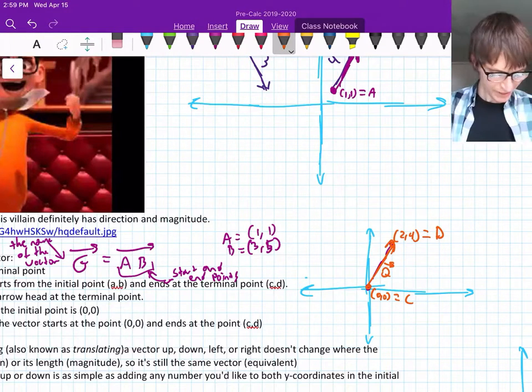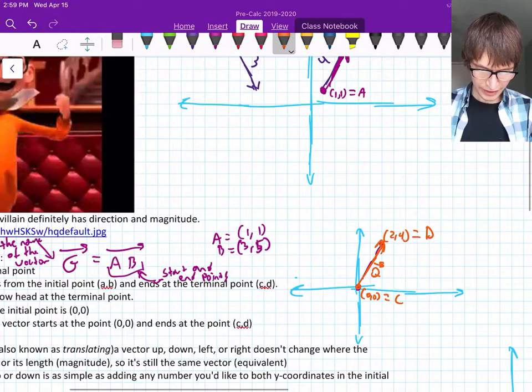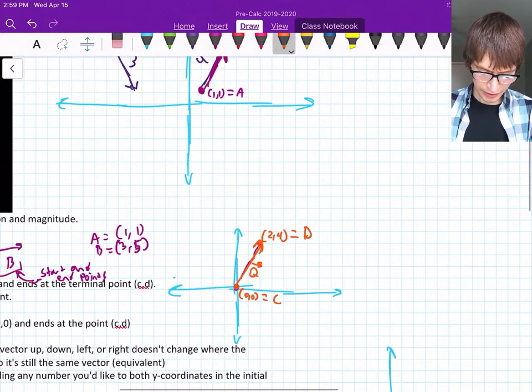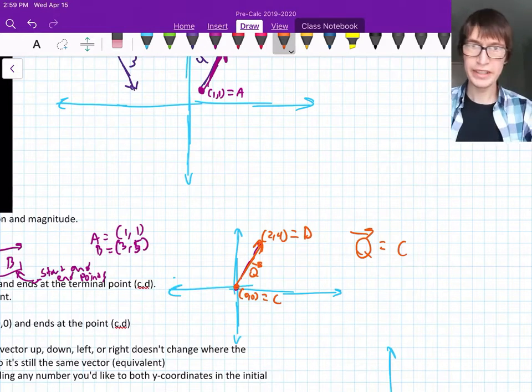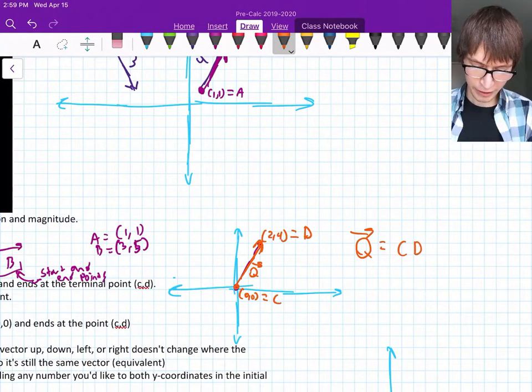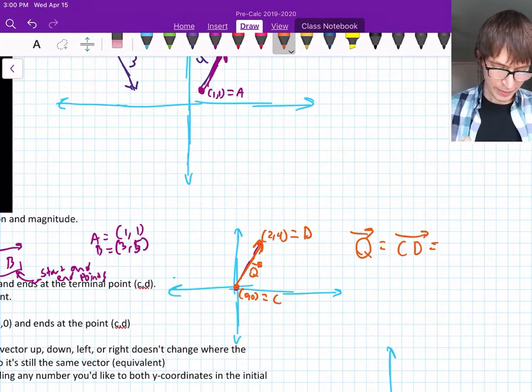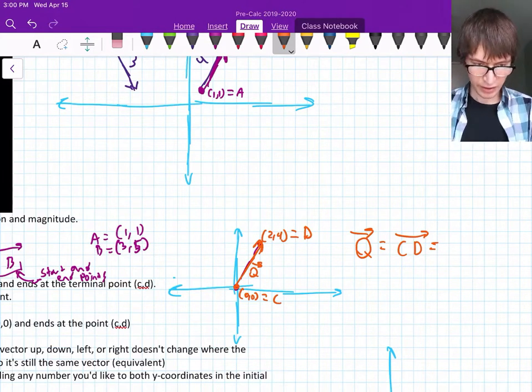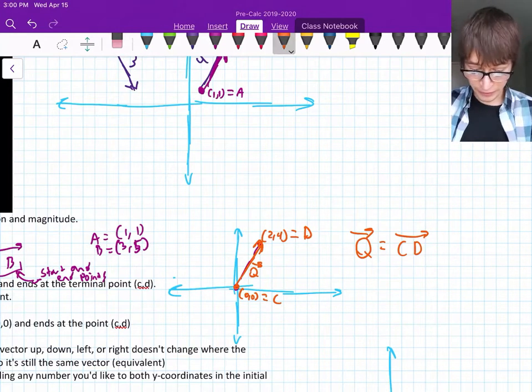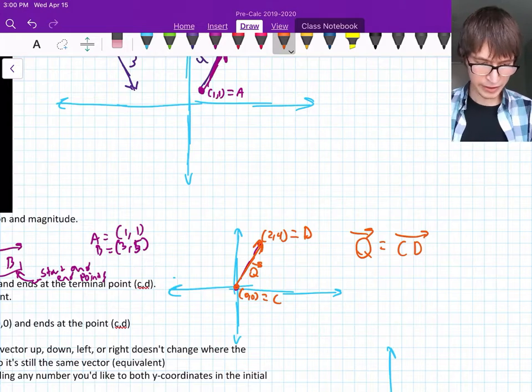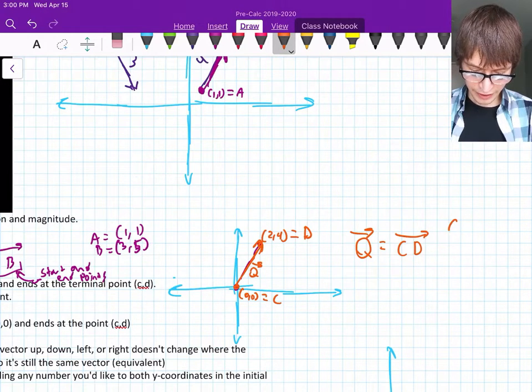Okay, so we'll say that the vector Q equals the vector from point C to point D, where C equals 0, 0, and D equals 2, 4.